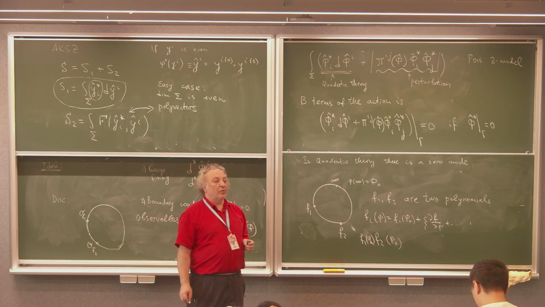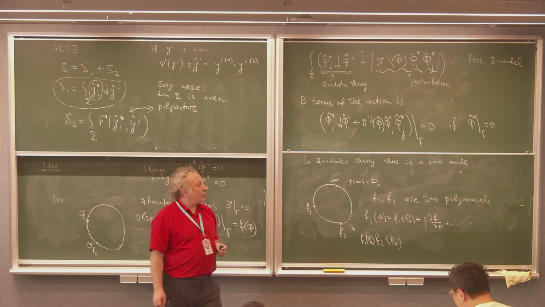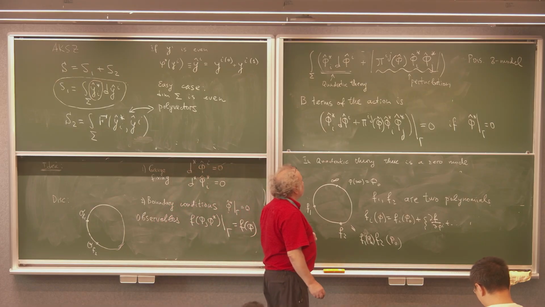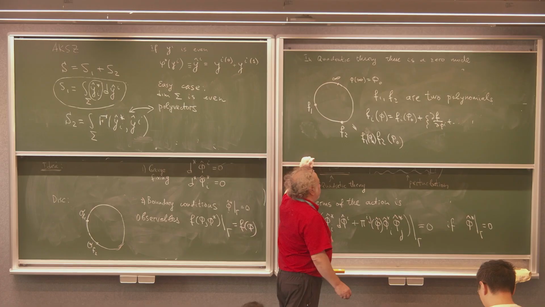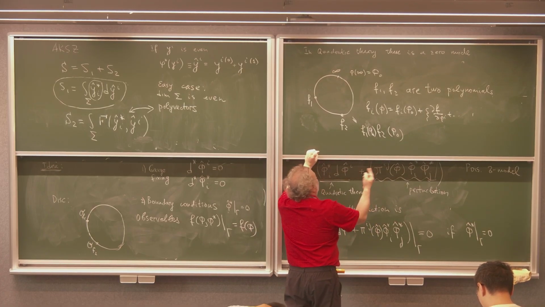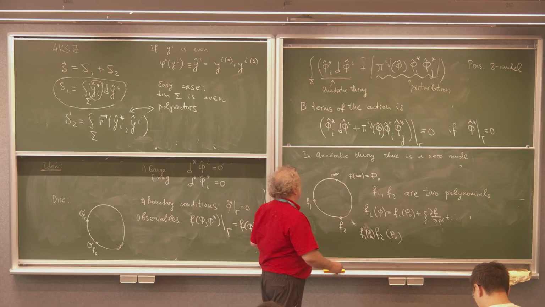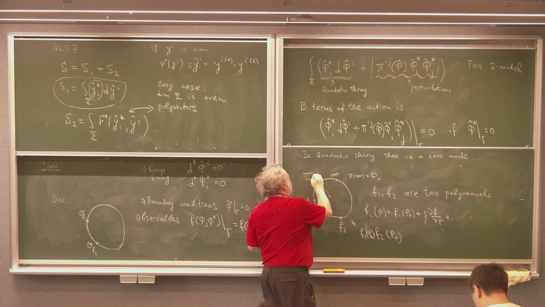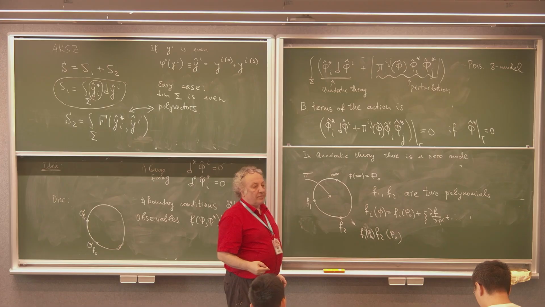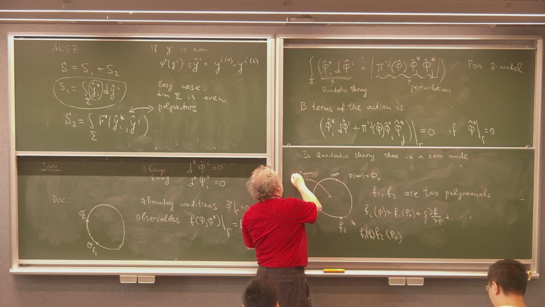Now let us compute the first order term. The first order term comes if we expand this phi from the action. So we put this phi here, it comes from the action, and it has fields phi star, phi star.